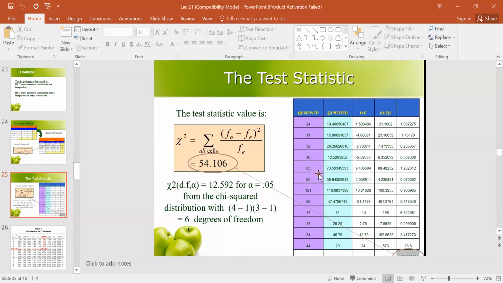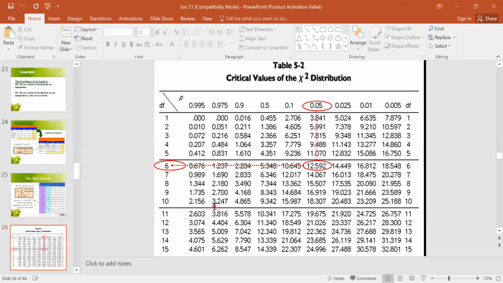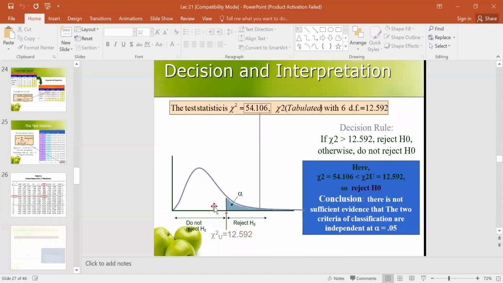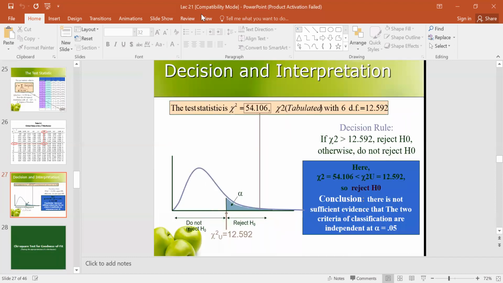If our calculated value is greater than this tabulated value, then we reject our hypothesis and conclude that there is an association between the variables. But if this criterion is not satisfied, then we do not reject our hypothesis, and we say the two categories, hobbies and degrees earned, are independent.